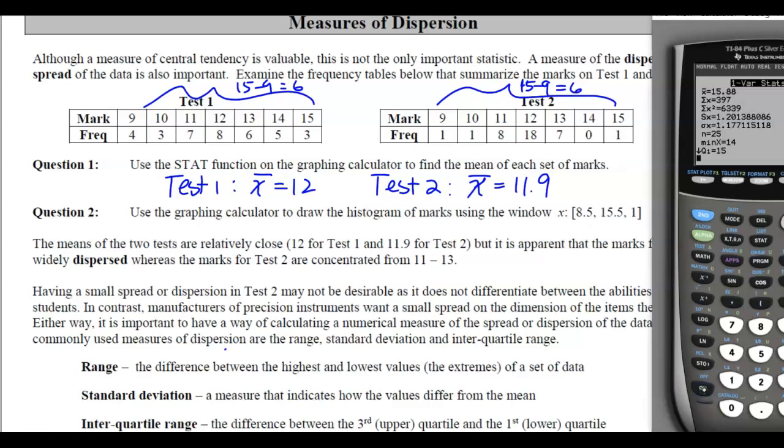So, got to go back, stat, edit, clear off those lists, and got to do this again. So at 9, 10, 11, 12, 13, 14, 15, and then frequency 4, 3, 7, 8, 6, 5, 3. Then I'll put frequency for test 2.